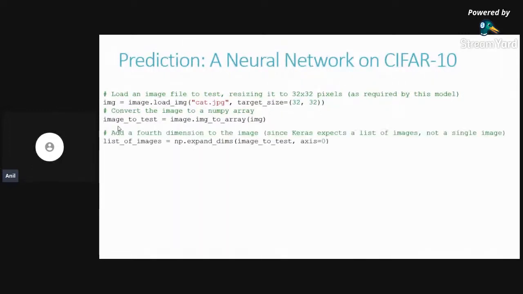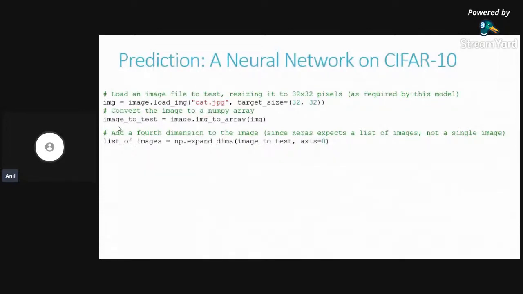So basically, an image is a three-dimensional vector. But in Keras, we need to provide four dimensions. The first dimension is the number of images, so it takes a batch. A batch is a 4D vector, or a 4D tensor.